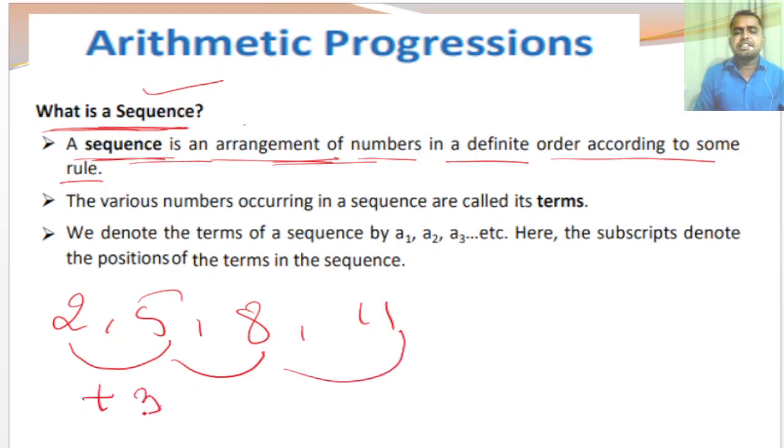Each term is increasing by plus 3. So we are adding 3 to the previous term to get the next number or term. This arrangement is called a sequence.